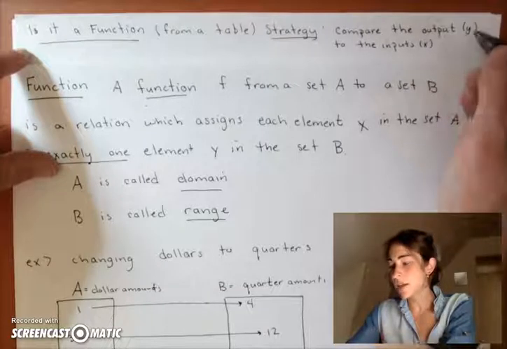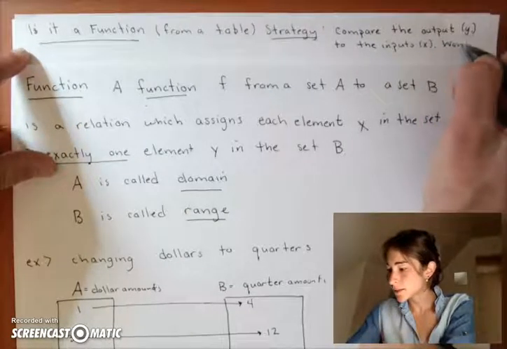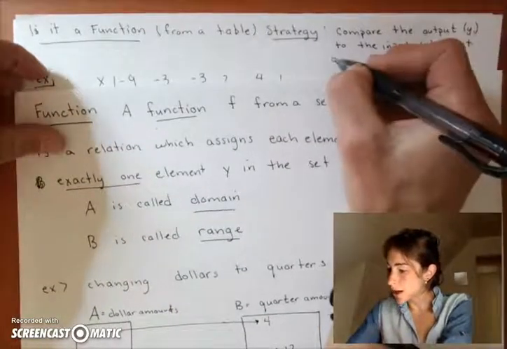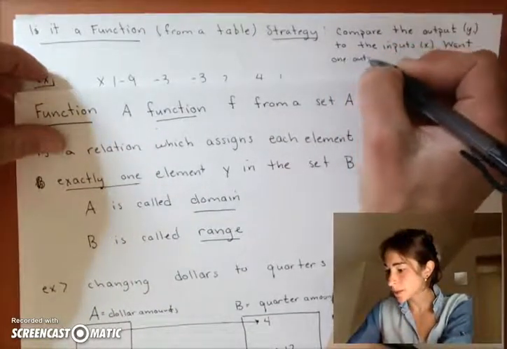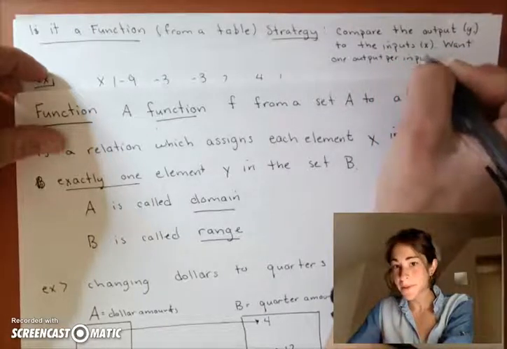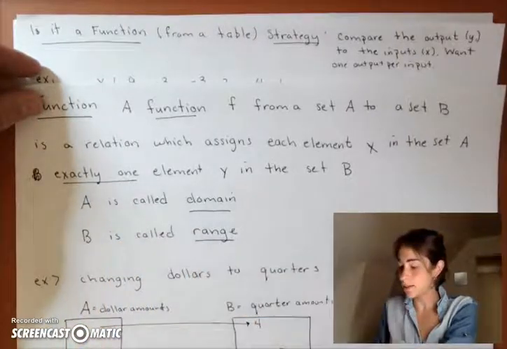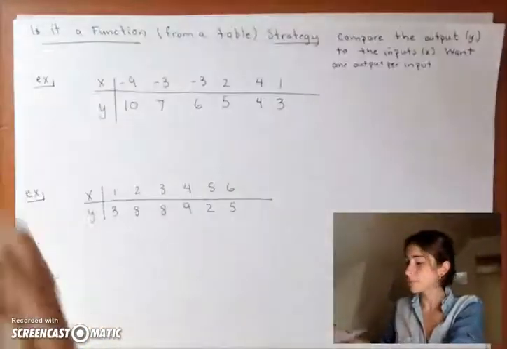And we want to see how many outputs there are per input. We want one output per input, because that's what this exactly one element y in the set B means.